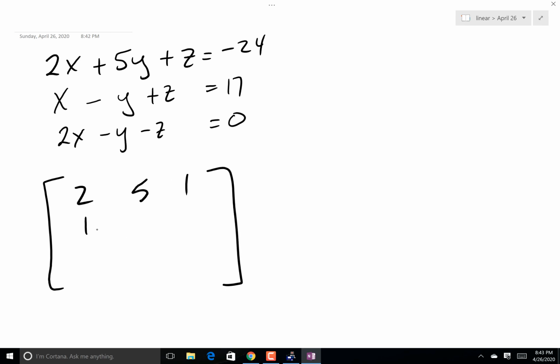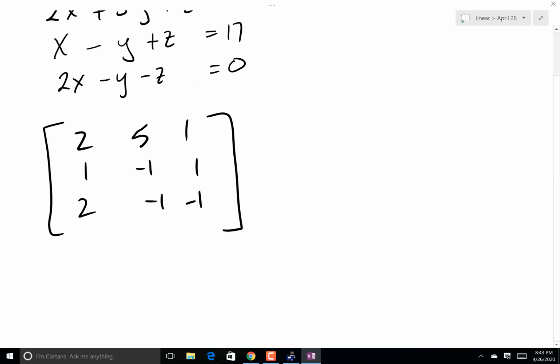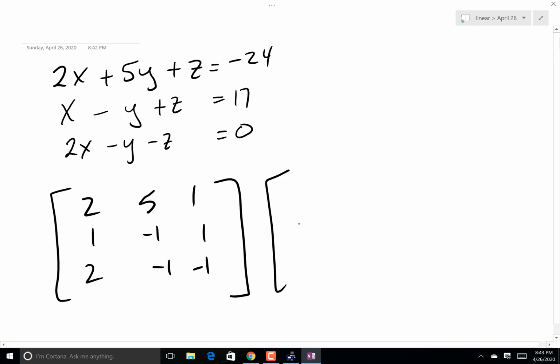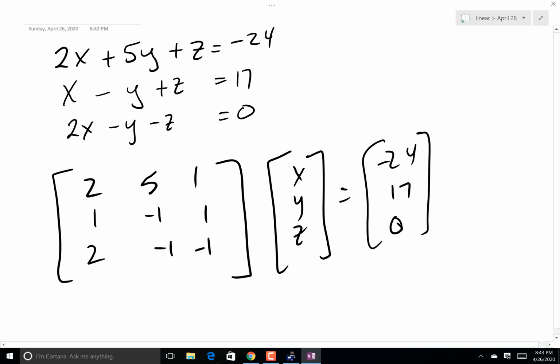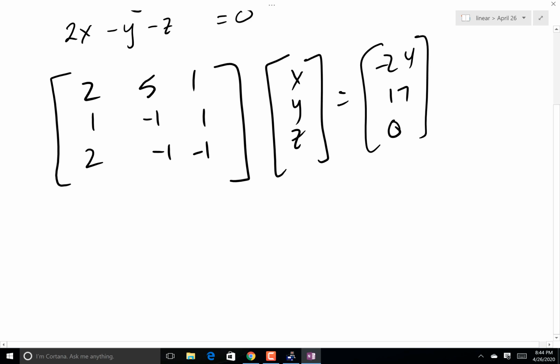2, 5, 1, 1, negative 1, 1, 2, negative 1, 1. Negative 1, sorry. It's embarrassing. Cool. All right, so let's start off with finding our U matrix, okay? So we're going to take R2 minus a half of an R1.